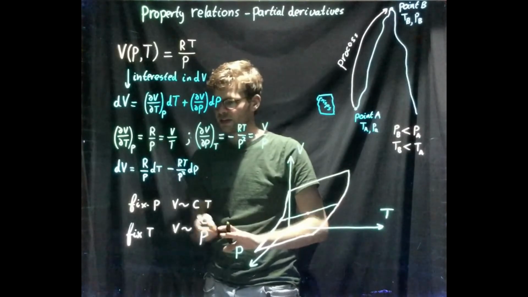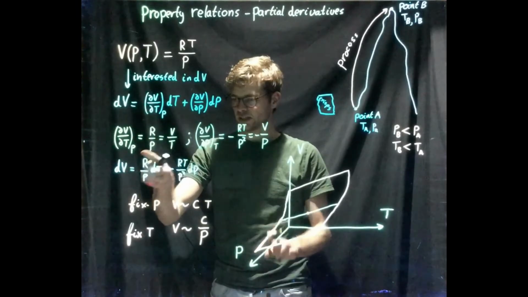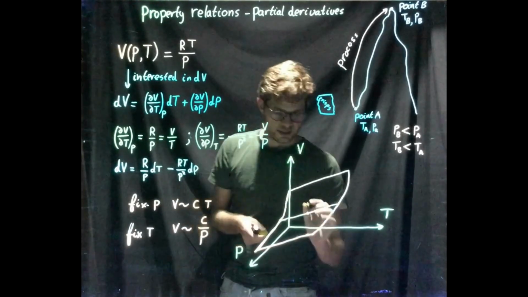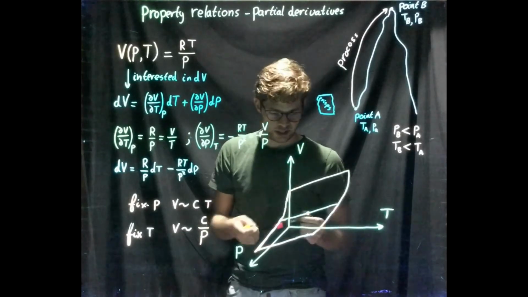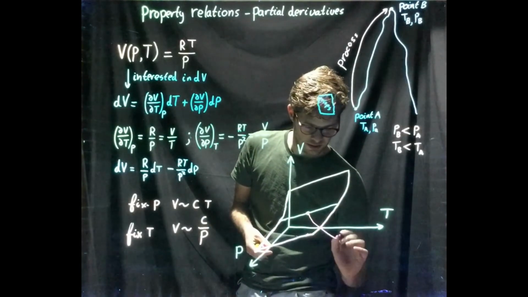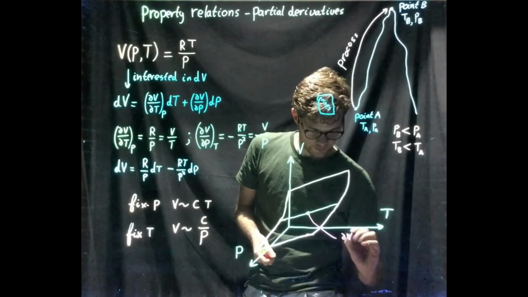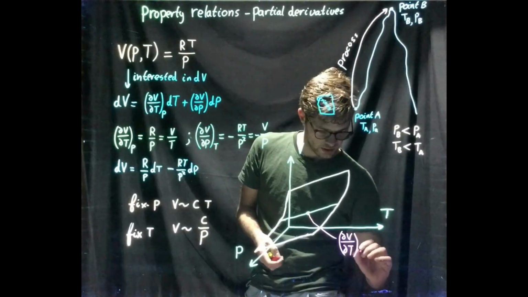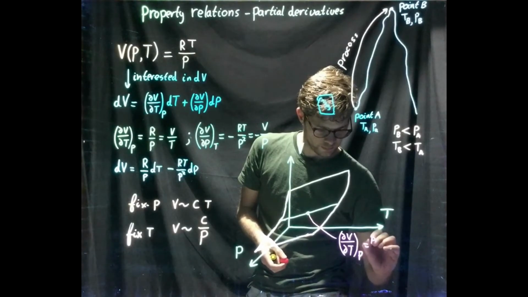Since I already know that my dV over dT for a fixed P is equal to R over P, so equal to a constant since P is fixed, I know that my rate of change over here is a fixed value, so a constant value. So over here I have my dV over dT, so my rate of change due to temperature for a fixed pressure, which is equal to R over P.